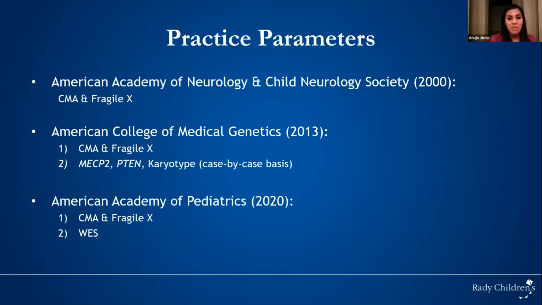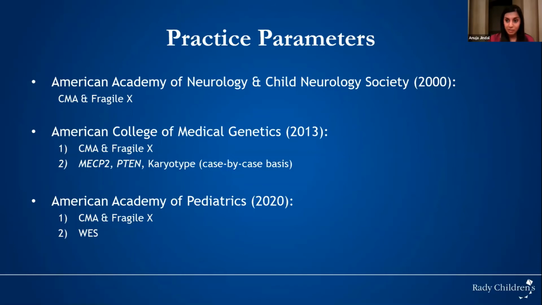The American College of Medical Genetics also agrees that a CMA, a chromosomal microarray, and Fragile X testing is standard of care in first line. And what's really nice is the American Academy of Pediatrics put out their position statement just this year. If you haven't read this paper, it's in my references, which I'll show you at the end. I think this is a really lovely paper.